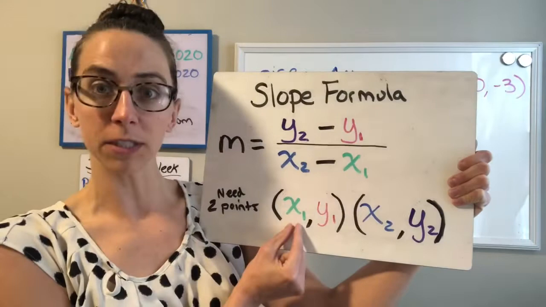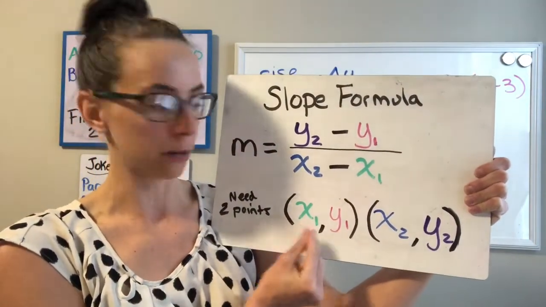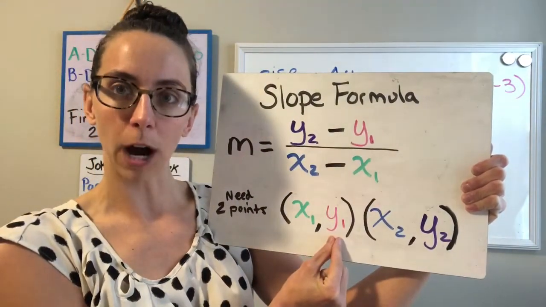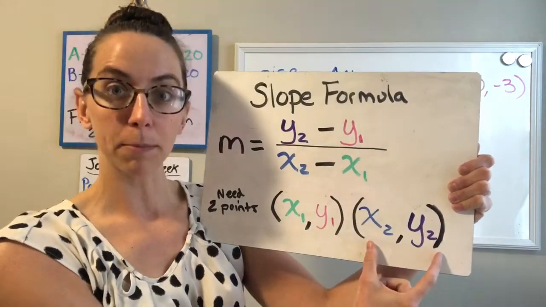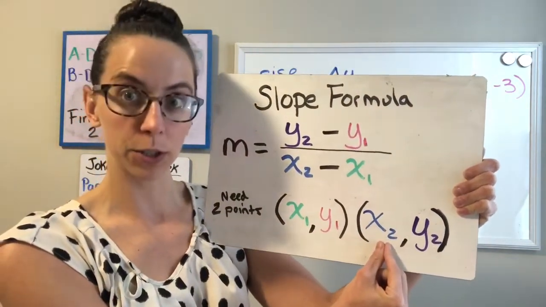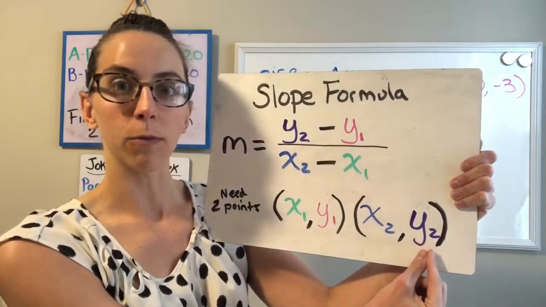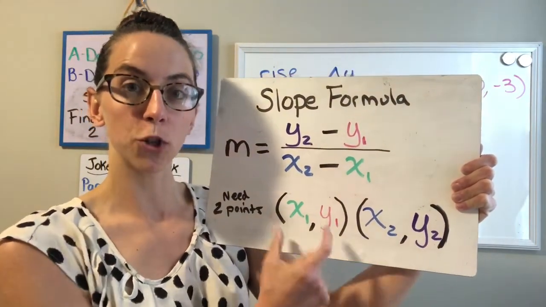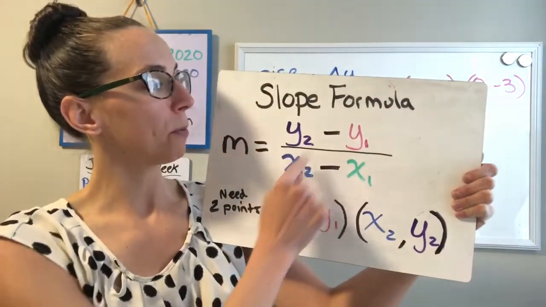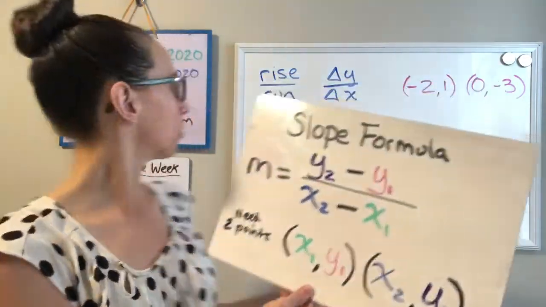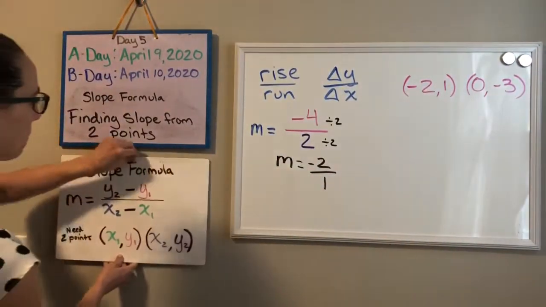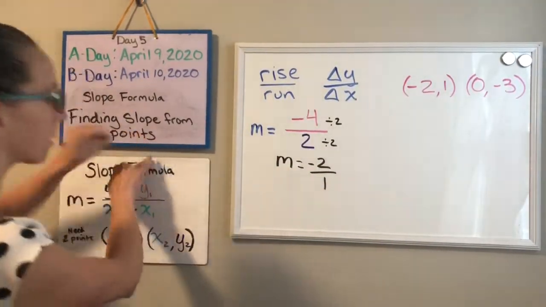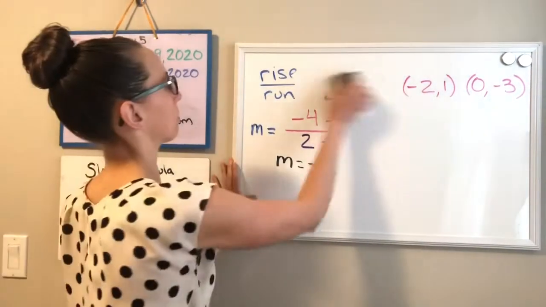The first number you see is the x1 value. The second number you see is the y1. So that's all part of point number 1. The second point is made up of a new x value, x2, and a new y value of y2. So we have 2 different points that we can input into our slope formula. So I'm going to find the slope of this line using the slope formula and not just count the rise and the run.